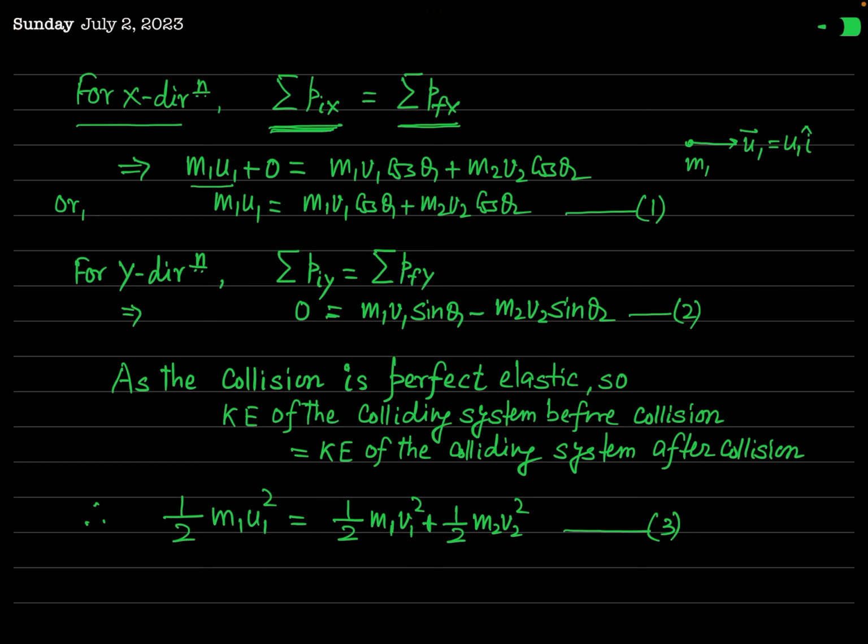Now m2 is at rest, so its linear momentum is 0, and both its x and y components will be 0. So the linear momentum of the target of mass m2 in the x direction is 0. So the total momentum of the colliding system before collision will be equal to m1 u1 plus 0.